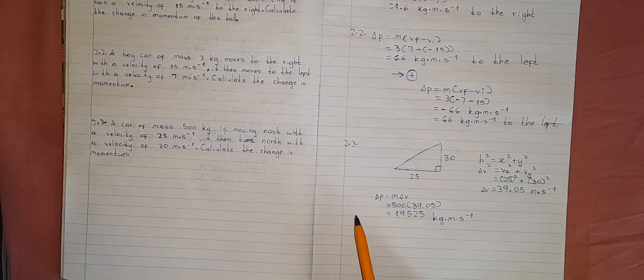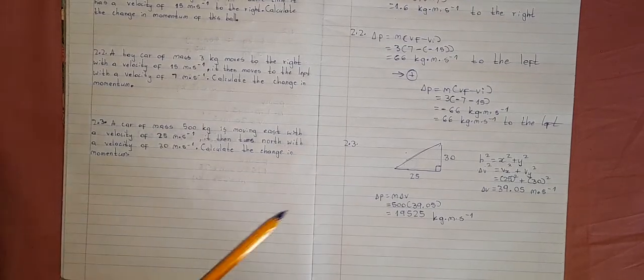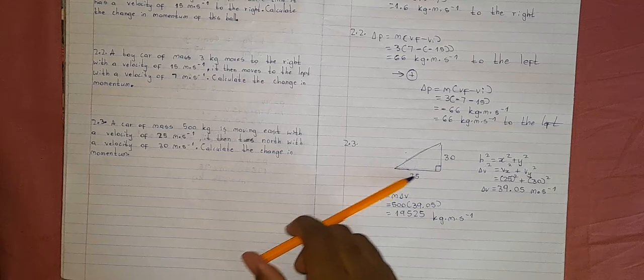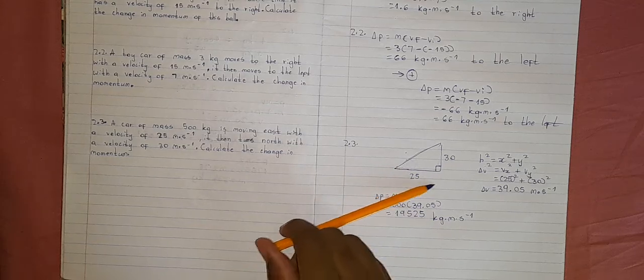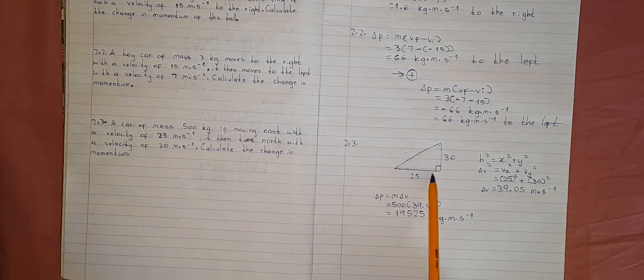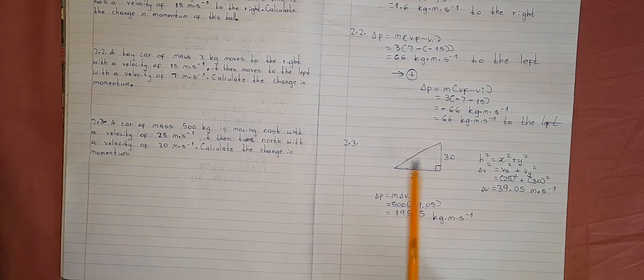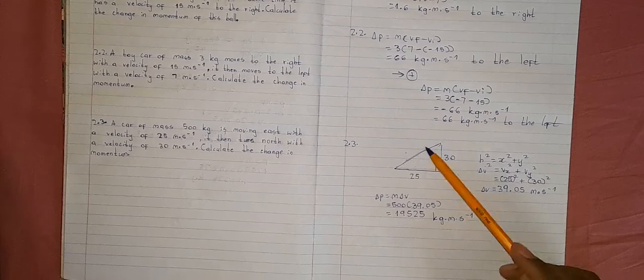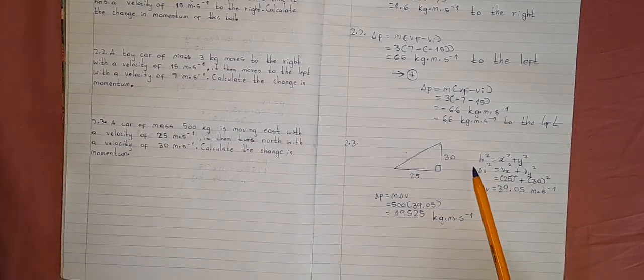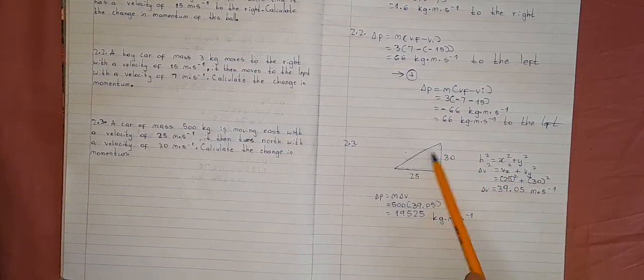Let me recap very fast. This car was initially moving to the east, and then it turns to the north. To find the change in velocity, we use the Pythagoras theorem, which gives the hypotenuse.